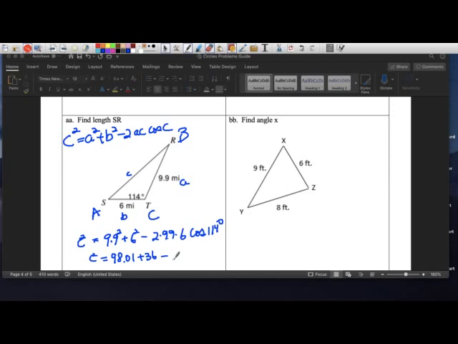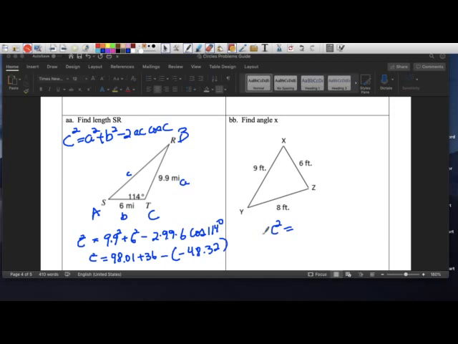Sorry, I have to use my phone in order to do that. 2 times 9.9 times 6 times cosine of 114, and that's going to give us negative, so I'm going to write that number down, negative 48.32.